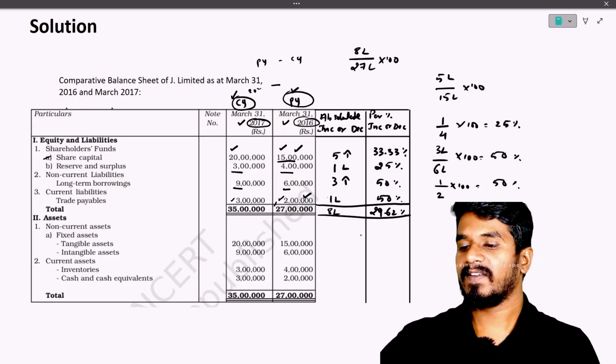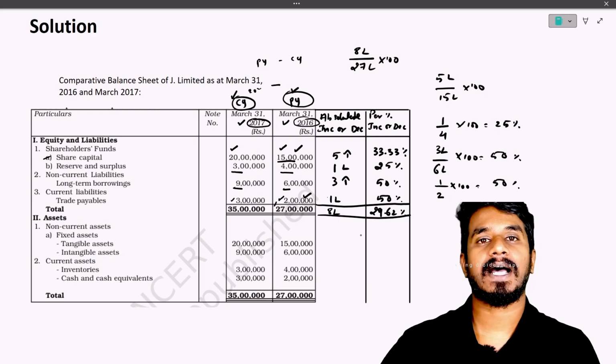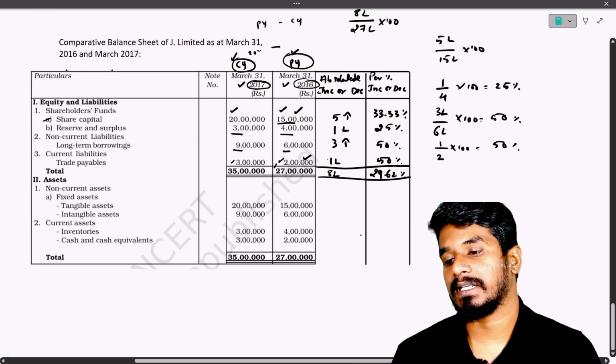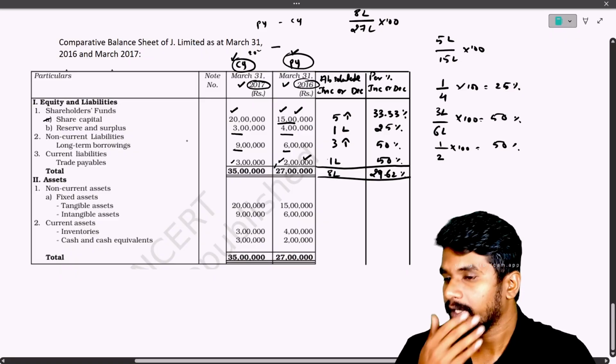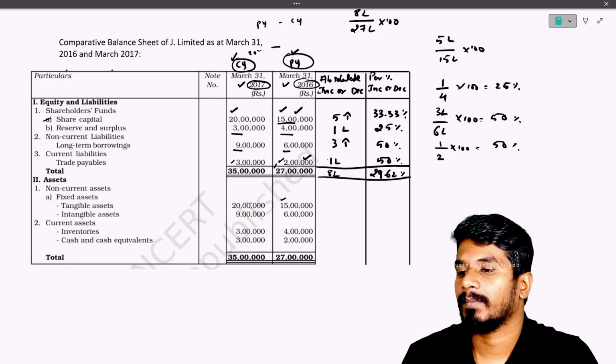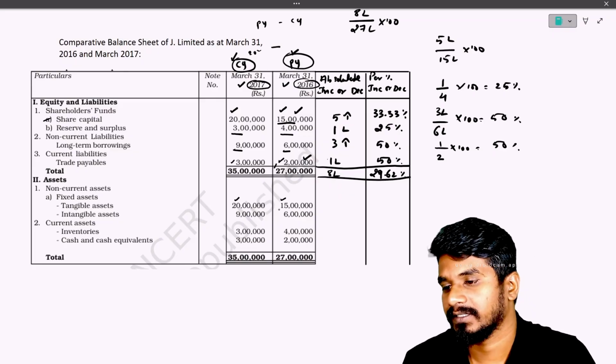So in the same way, whatever we did for the liabilities, we need to do it for the assets also. This is very simple problem. You'll get 14 marks easily, right? So in 2016, tangible asset was 15 lakh, but in 2017, it rose to 20 lakhs. Correct.